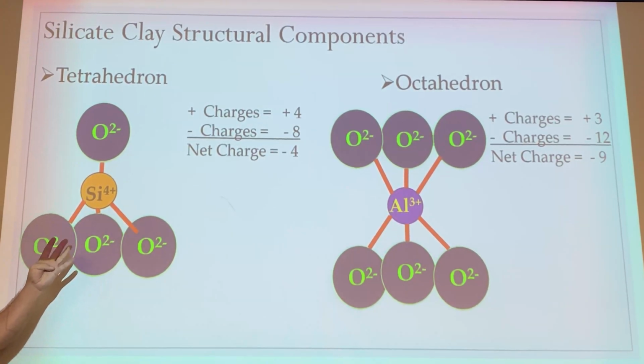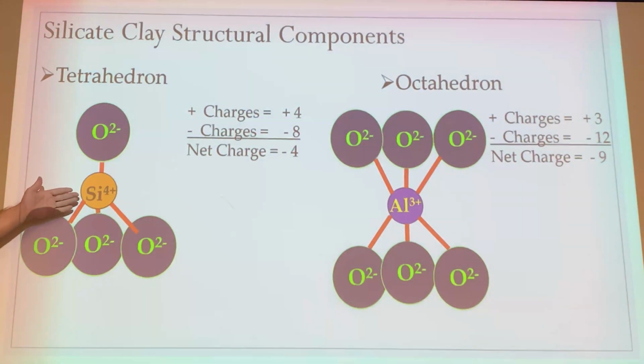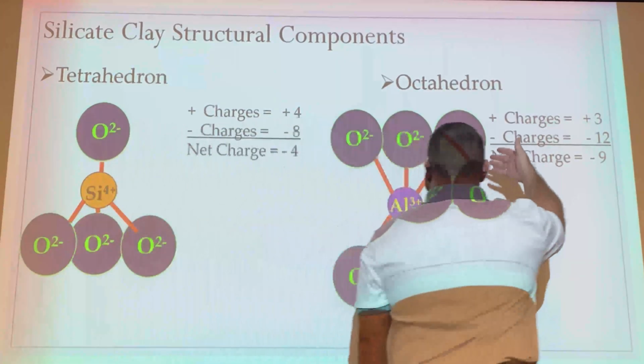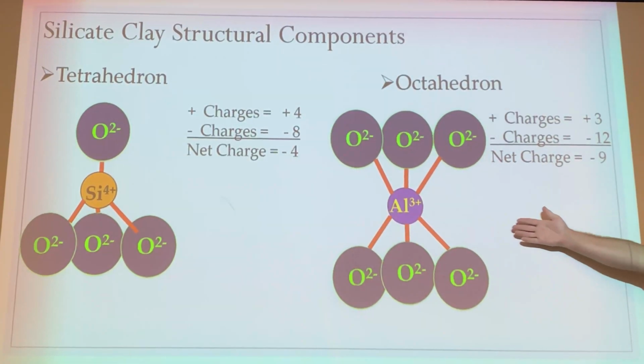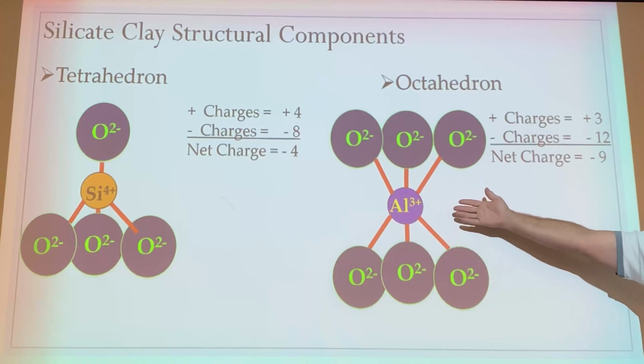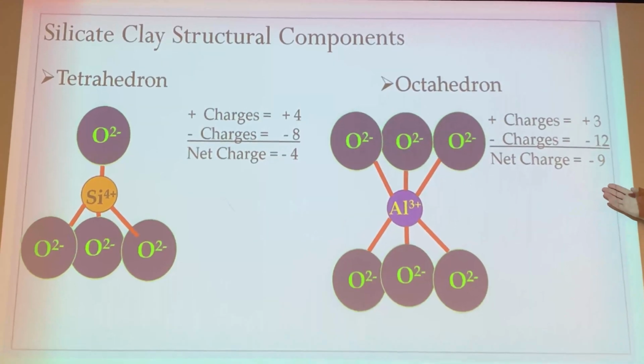So what's the overall? -8. And our silica is +4. Integers, math. -8 + 4 is -4. Very simple. In our octahedron, we have 6 oxygens worth -12, and we have aluminum 3+, which gives our net charge -9.